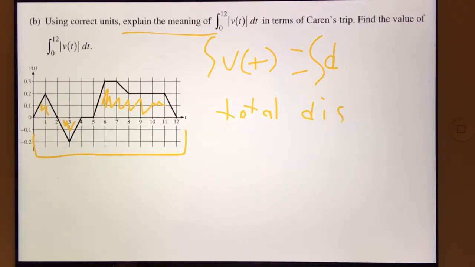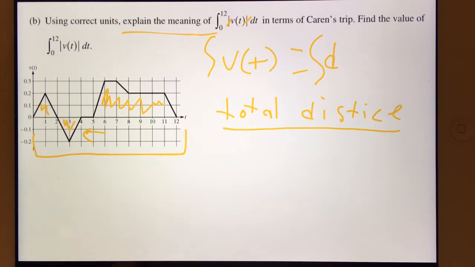And you're like, okay, what else is there? Well, if there was no absolute value, then it would be the net change. This little part right here would weigh in, but we're not trying to find that. We are finding the total distance, how far she has ridden on her bike.